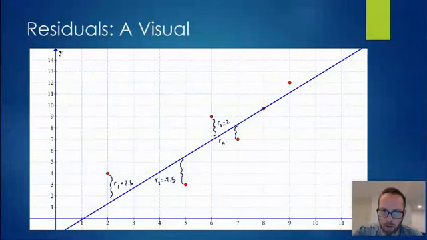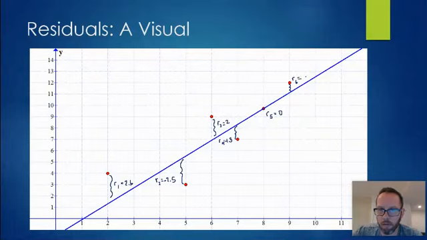So I'll say R4 equals negative 1.3, let's say. This guy is right on the line, so the residual here is 0. And then this little guy here, R6, looks about maybe 0.9 above. And so those are the residuals.